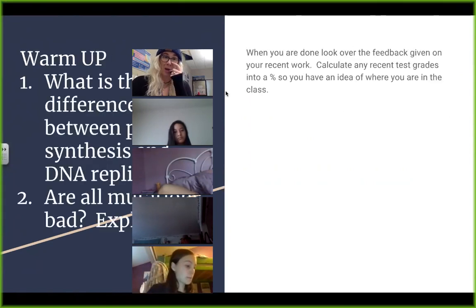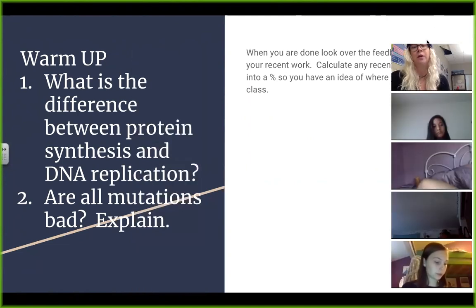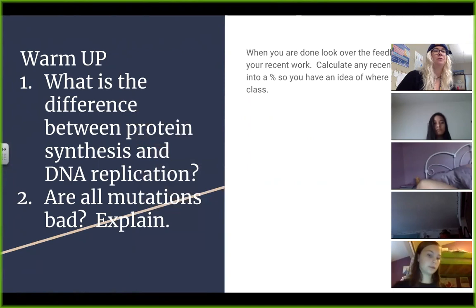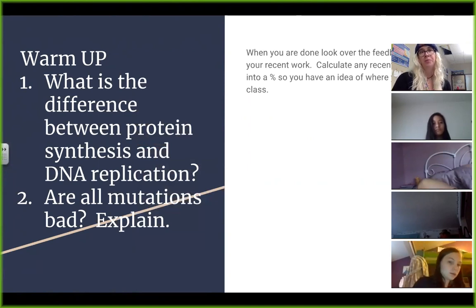So let's start with a warm-up question here. This was something I saw a lot of people getting confused, these questions, which is why we're going to go over them. So the first question is, what is the difference between protein synthesis and DNA replication? And the second question is, are all mutations bad?